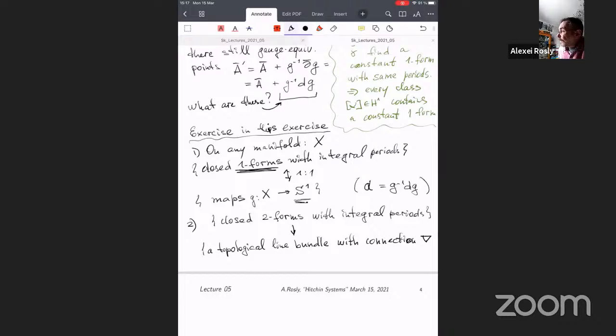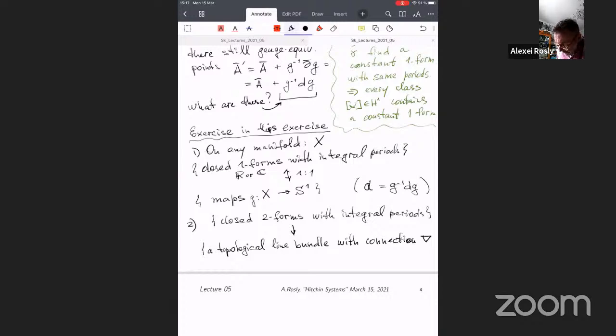And for complex valued, I have to replace S1 with C star. So here I write R or C, meaning forms taking values in real or complex numbers.